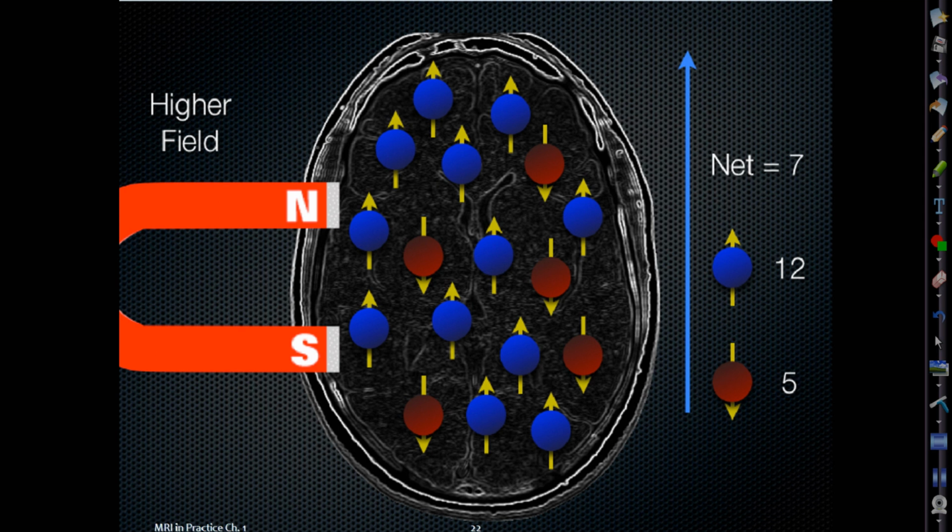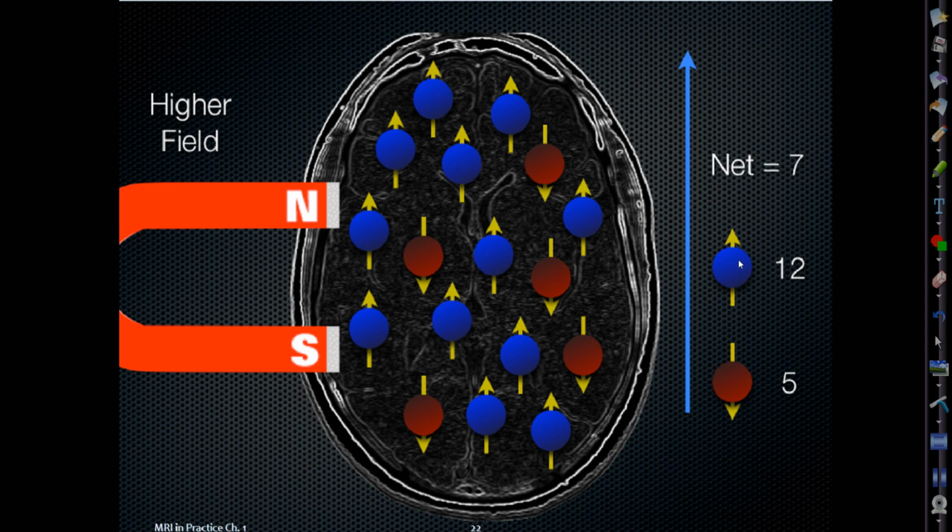This is another diagram showing alignment with B sub 0, the blue vectors, or against, the little red vectors. And you see that we have a larger amount of, what do you think, low or high energy spins? Low. Okay, so we have an abundance of low energy spins. And that's what we'll talk about next with equilibrium.